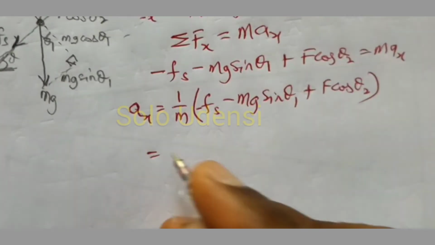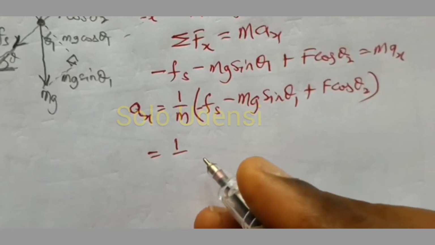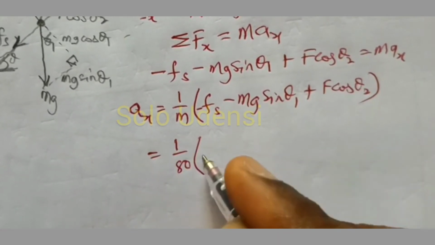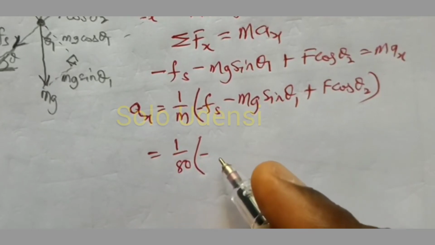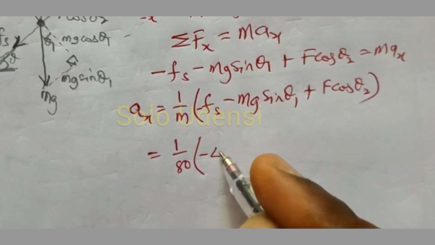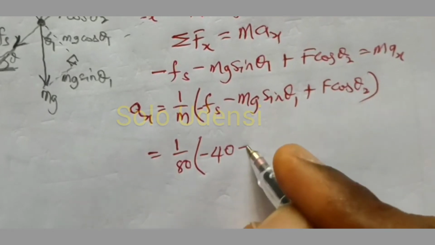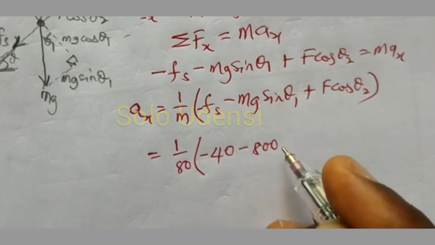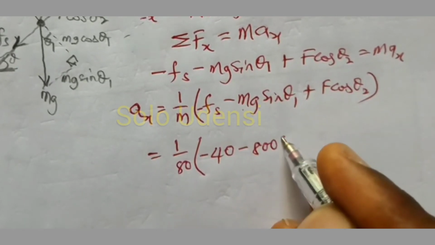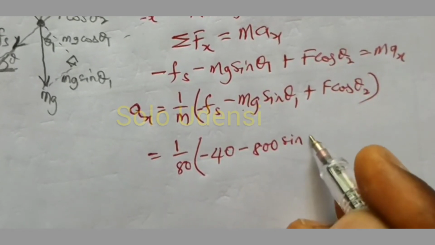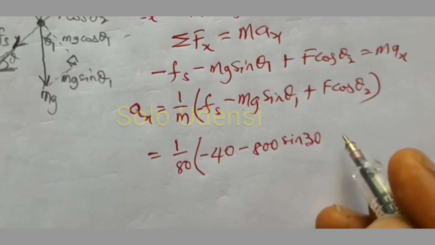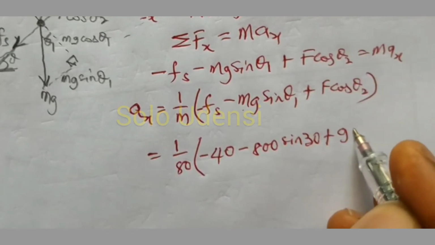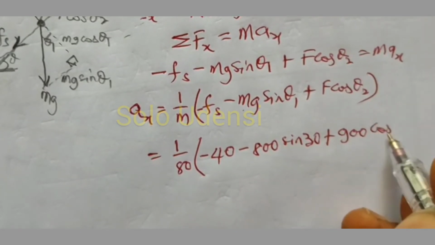That is equal to 1 over the mass, which is 80 kg, into the frictional force of 40 Newton minus 80 times 10, that is 800, times sine θ1, which is 30, plus the force dragging it up, 900 cos 45.